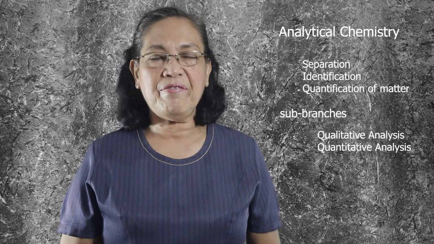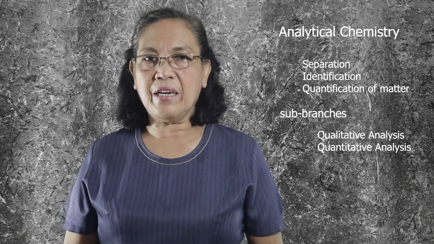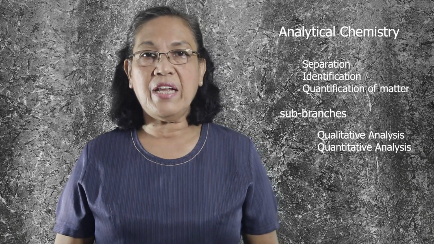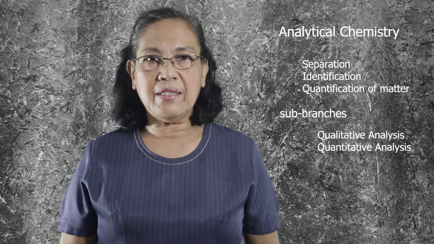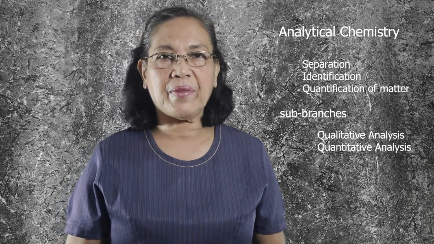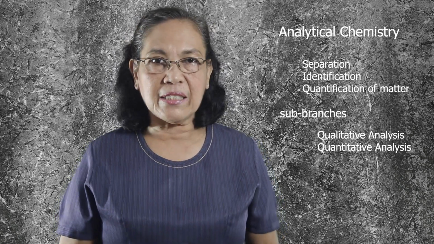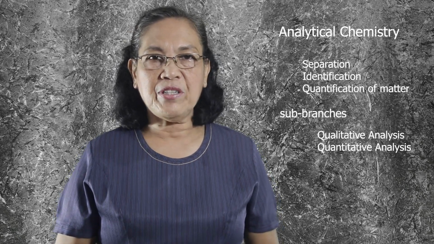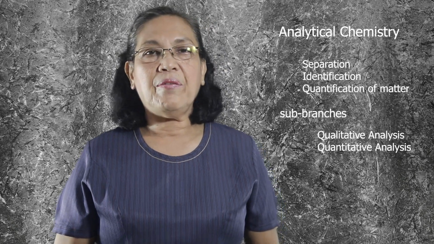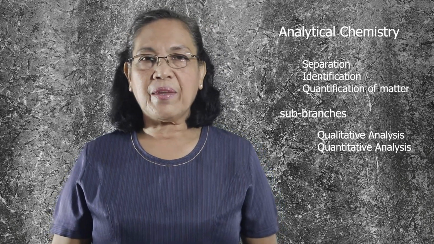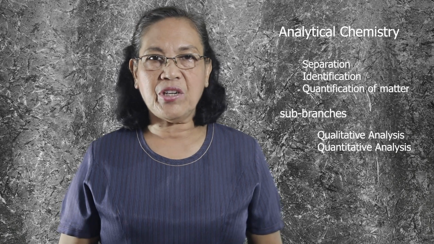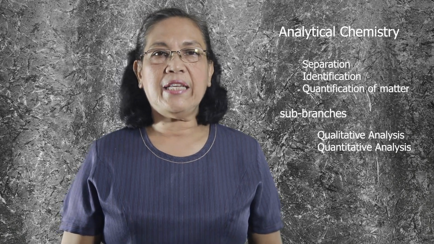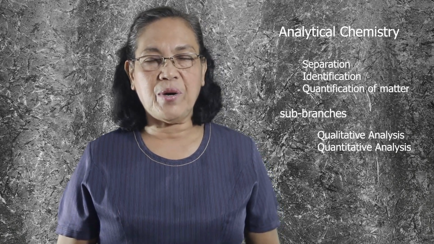For Family 5, the elements here have a charge of -3. This is the nitrogen family. For Family 6, we have the oxygen family, and the elements here have a charge of -2. For Family 7, we have the halogens, and their charge is -1.